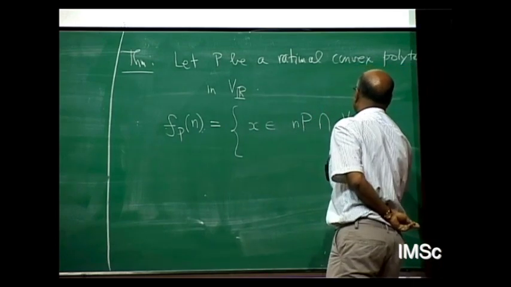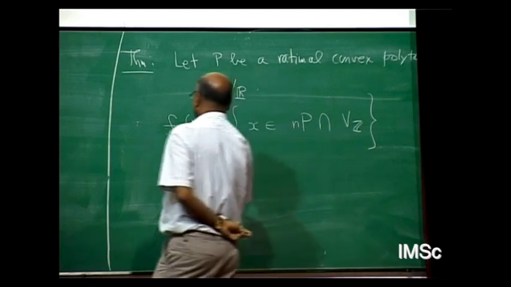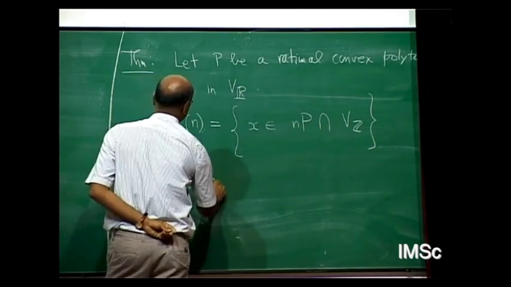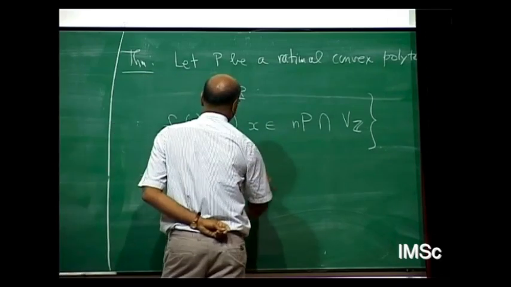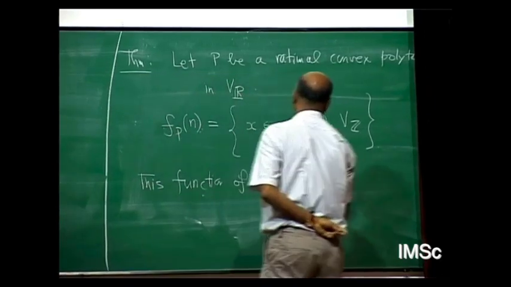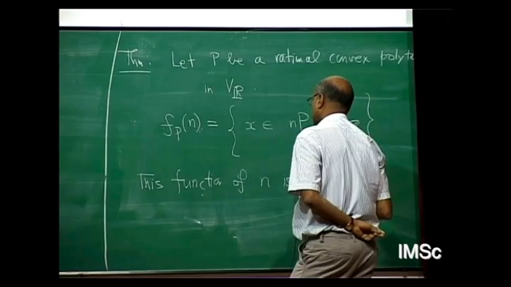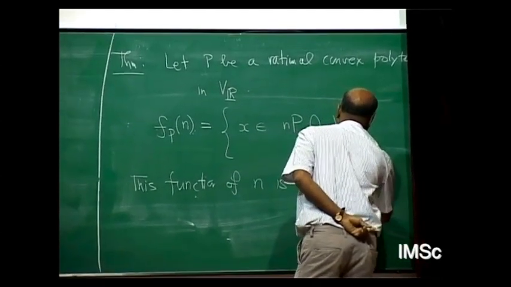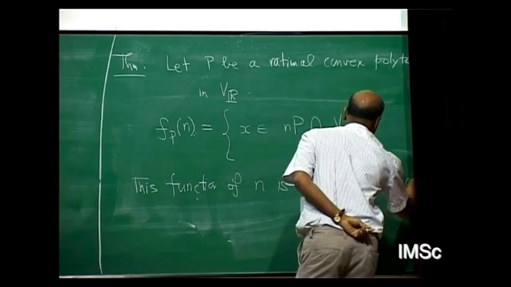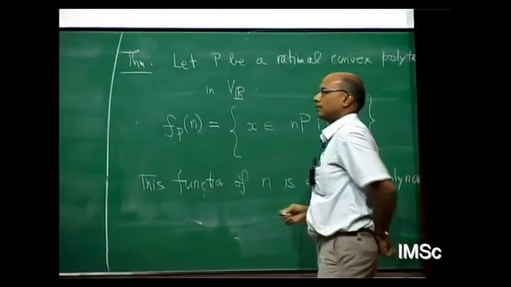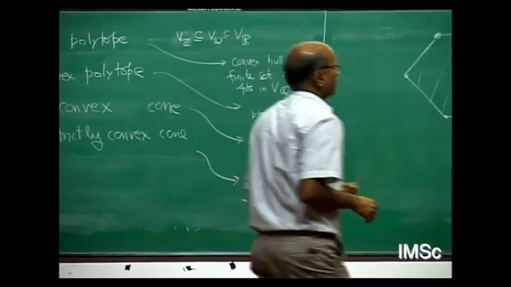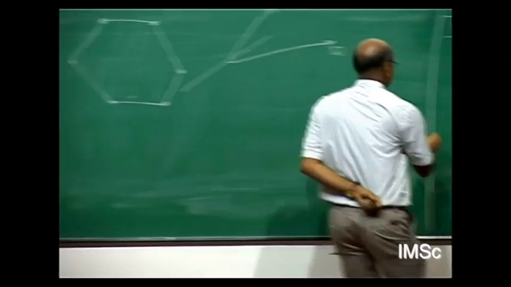And the theorem is that this function of n is a quasi-polynomial. Quasi-polynomials are those which are polynomial on congruence classes.